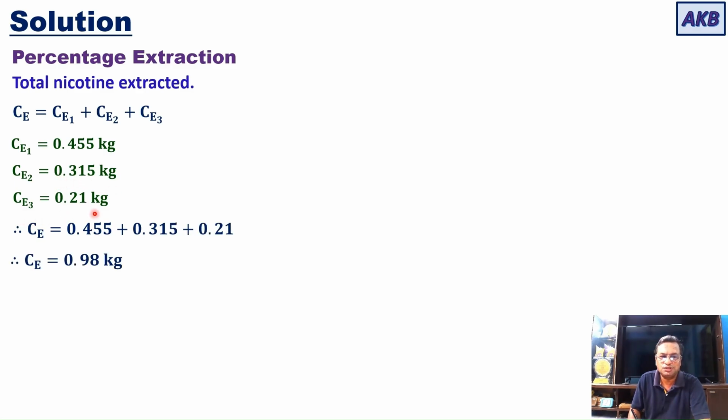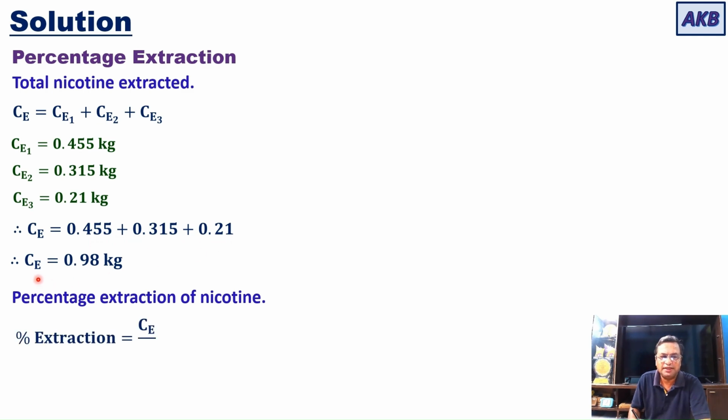Ce3 we got 0.21 kg. Therefore Ce will be equal to 0.455 plus 0.315 plus 0.21. That gives Ce as 0.98 kg. That means the total amount of nicotine that is extracted is 0.98 kg.